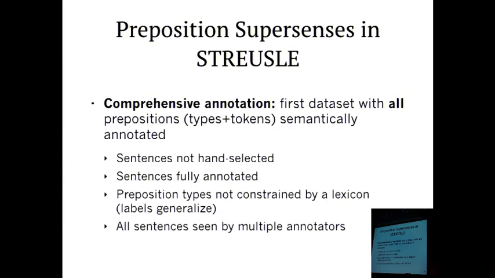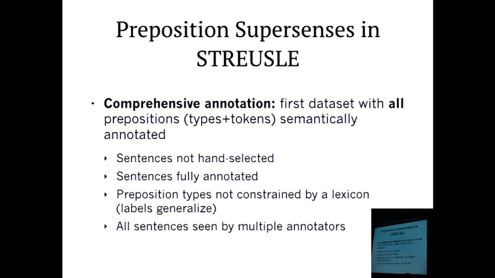So we developed an inventory of these labels. The main contribution is that we have created the first comprehensively annotated corpus of preposition semantics. So in contrast to some of the prior corpus work on preposition semantics for English, we did not hand select certain sentences as examples.